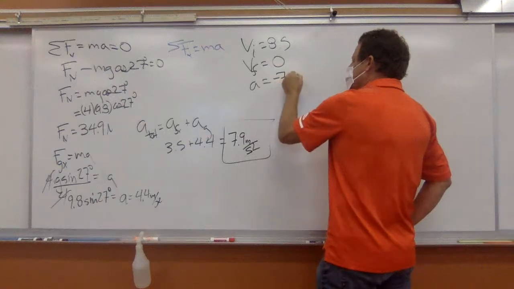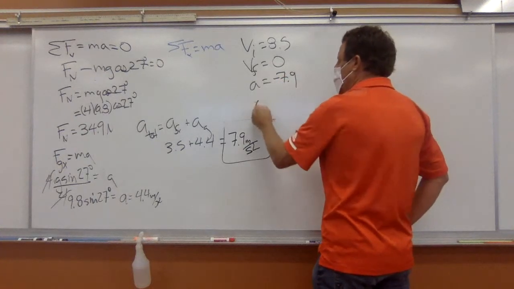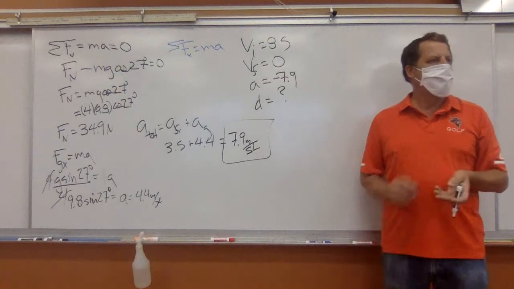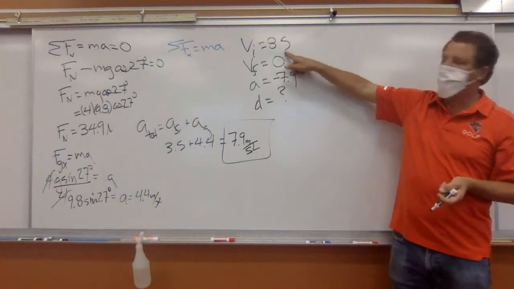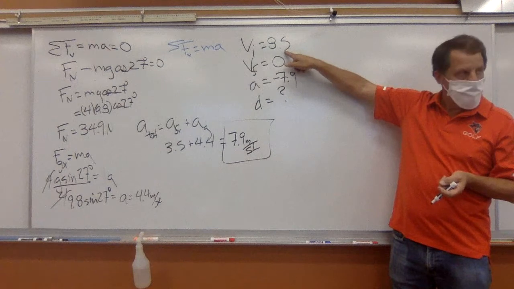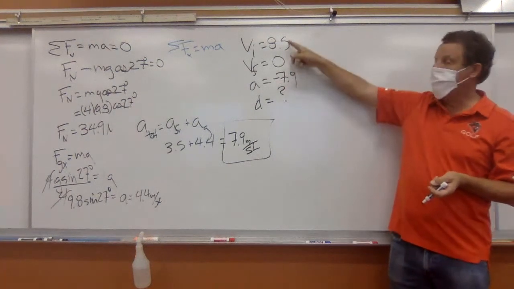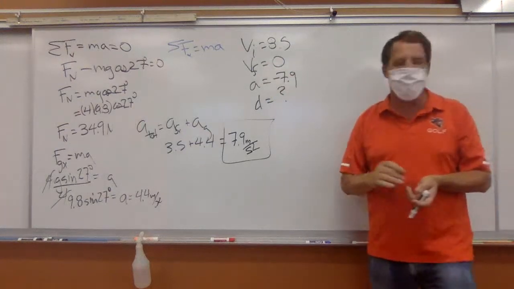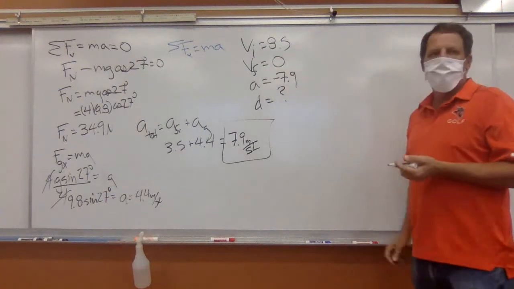We know our acceleration is negative 7.9, and we are looking for displacement. Notice here I called this positive and this negative. I could say that this is negative and this was positive. It doesn't really matter.